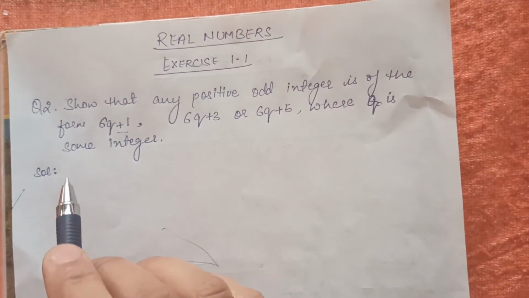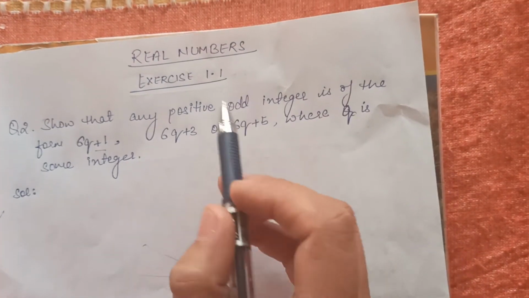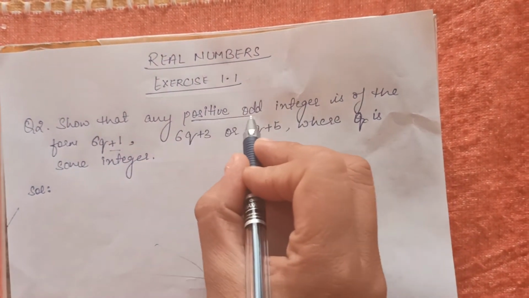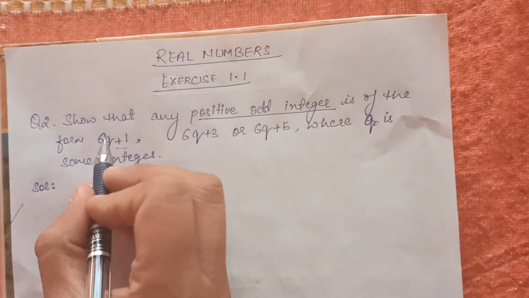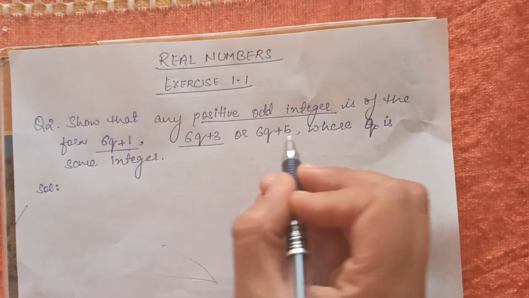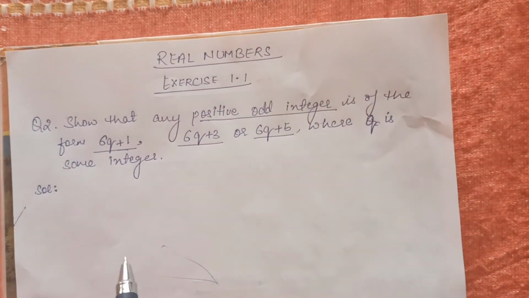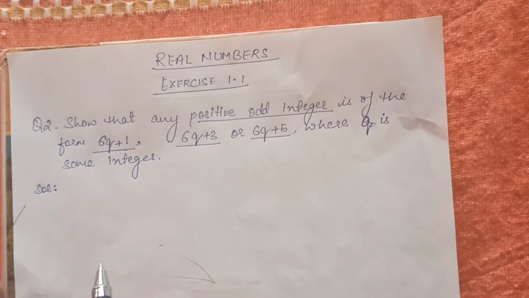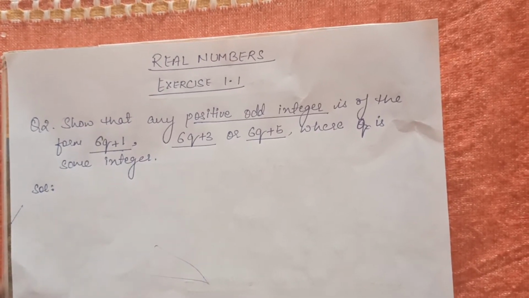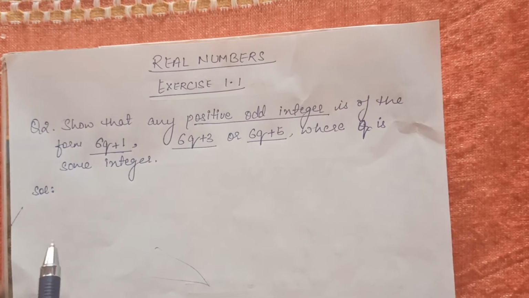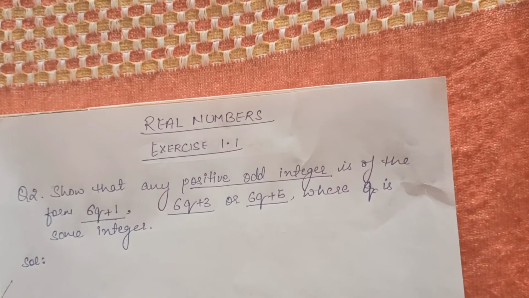So what we have to show? We have to show that any positive odd integer is of the form 6q plus 1, 6q plus 3 or 6q plus 5. Now you have already discussed Euclid's division lemma. So what does Euclid's division lemma say?